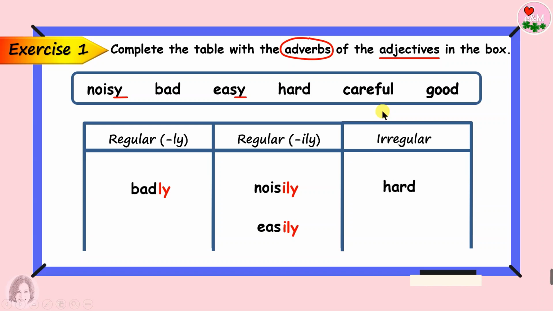Next, the adjective is careful. Okay, so the adverb can be formed by simply adding ly, so the adverb is carefully. And the last adjective here is good. What is the adverb form of good? Yes, that is well.